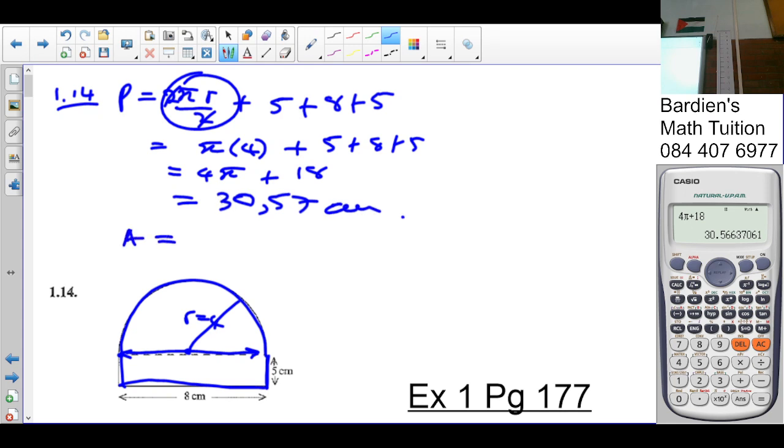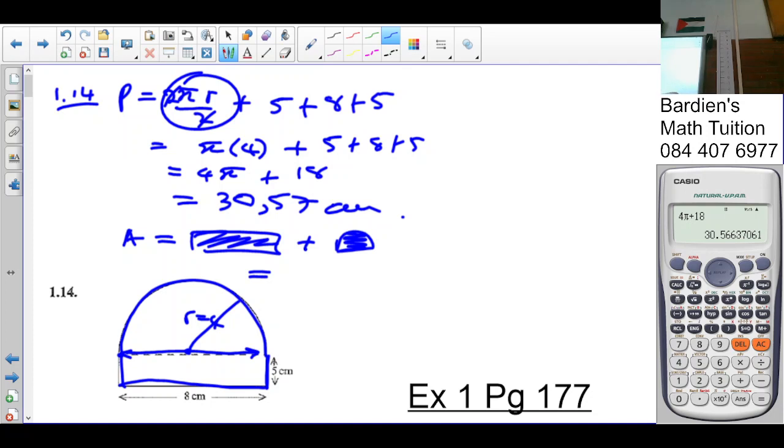If you're looking at the area, how do you calculate the area of this image? What do you notice? What are your shapes here, your basic shapes? We have a rectangle, yes, and a half a circle. Another word for half a circle is what? A semicircle, not so? So the area is going to be the area of the rectangle plus the area of the semicircle. How do you calculate the area of a rectangle? Length times breadth.